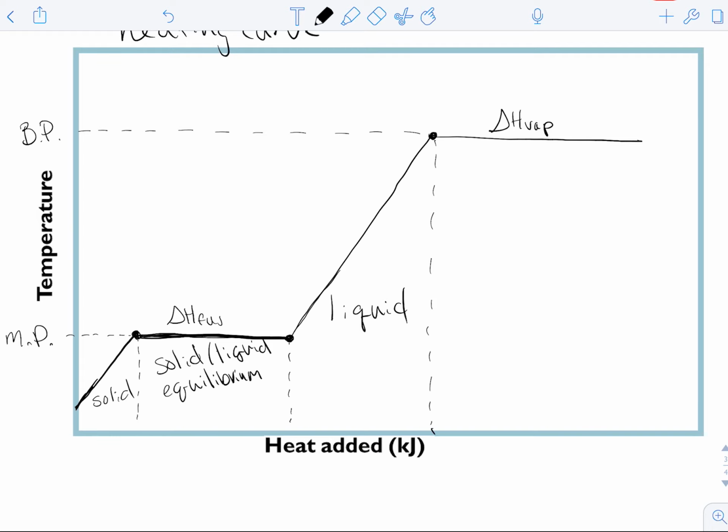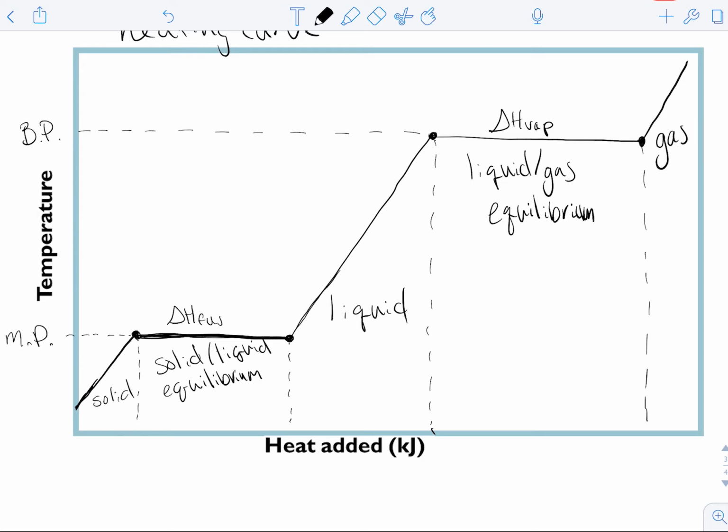Once we reach here, we are in a liquid-gas equilibrium. So as we add in that energy, converting from liquid to gas, we stay at the same temperature until all of our liquid particles have been converted into gas particles. And then after that point, we are in a gaseous phase.